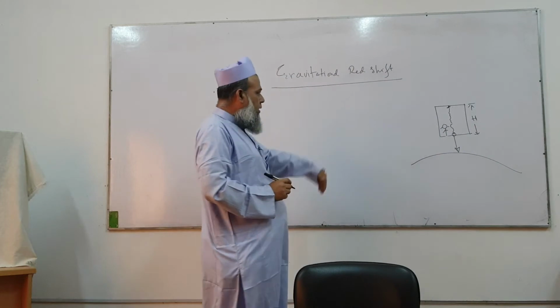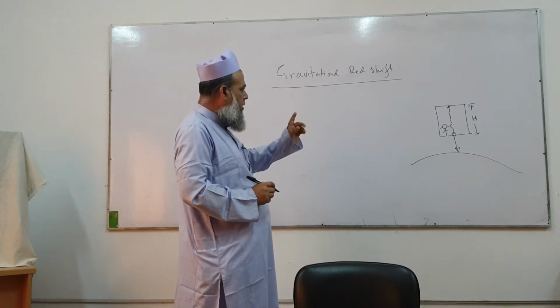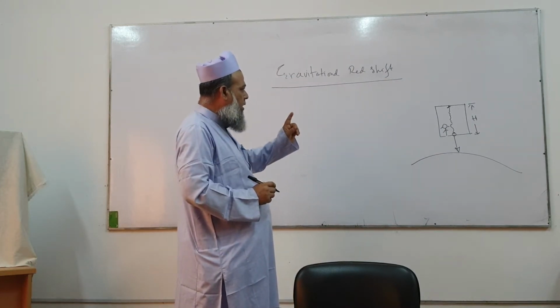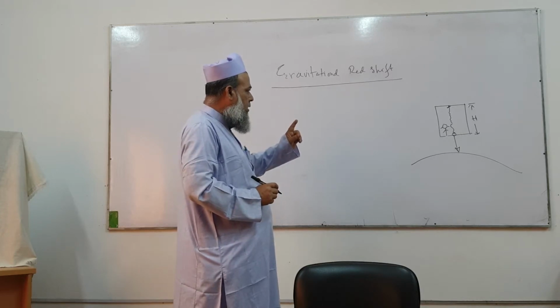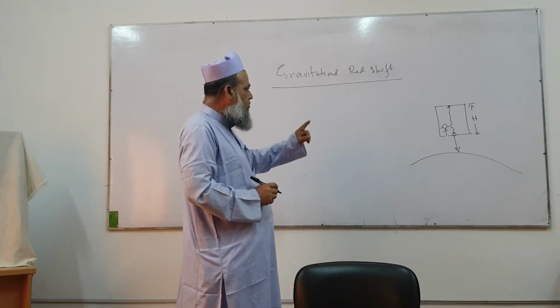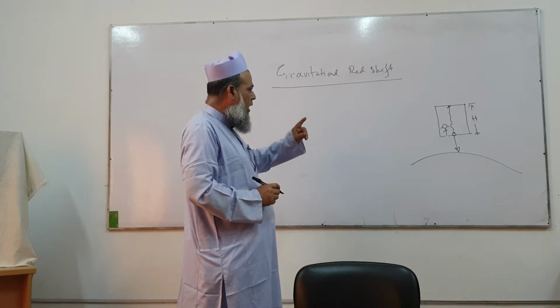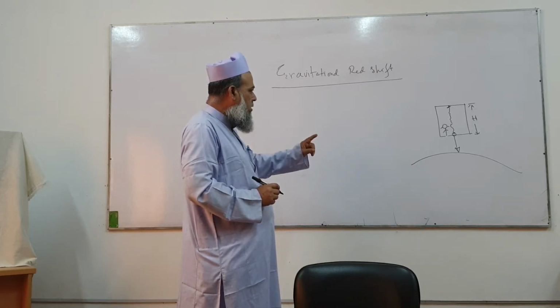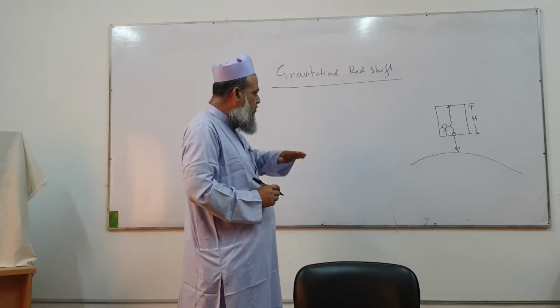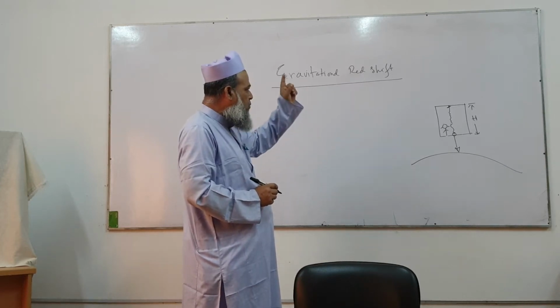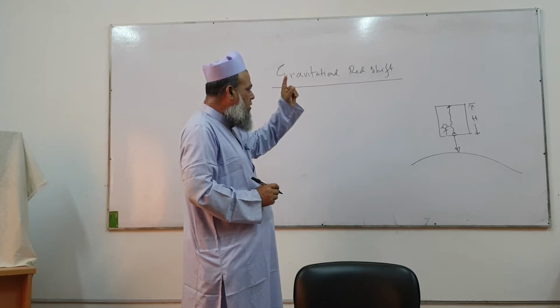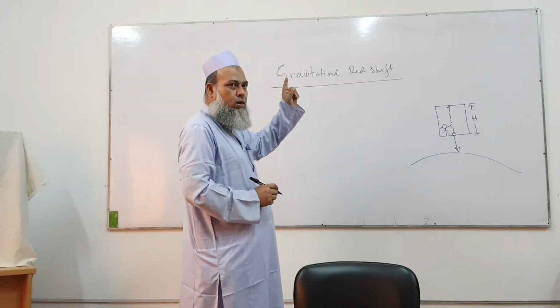The lift is falling and the observer or experimenter within the lift or elevator sends a light pulse from the center of the floor, which moves upward to the ceiling of the lift.